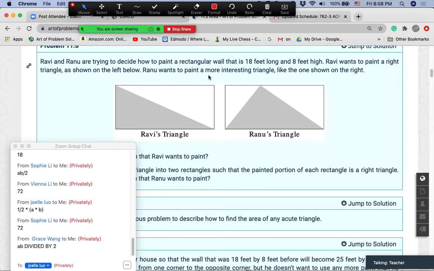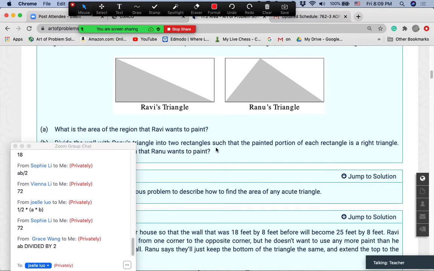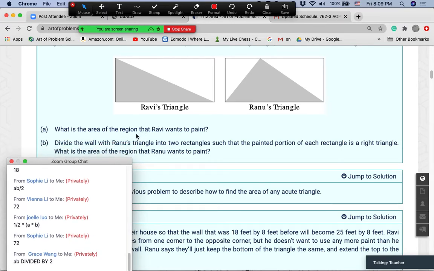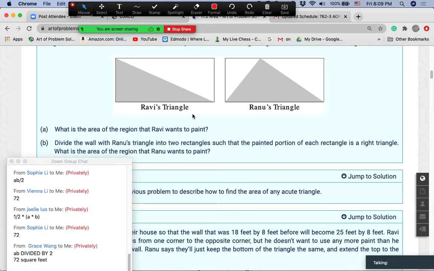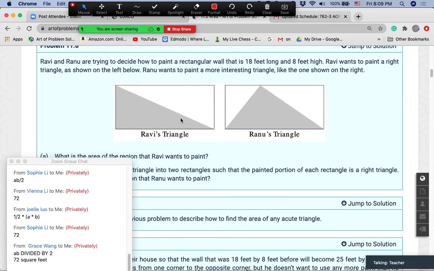Ranu wants to paint a more interesting triangle, like the one shown on the right. They ask, what is the area of the region that Ravi wants to paint? So what is the area of this right triangle?